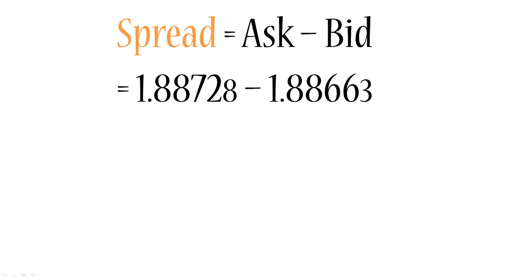So once again, let's calculate the spread. Here I've shown our previous example, but I've added the 5th digit as a smaller number, and a lot of brokers do that just to show that it is 5-digit quotations, because when you have 5 digits after the decimal point, it can get a bit confusing and like a lot of numbers. So here it highlights to you that these are in fact pipettes on the end of the currency quotations.